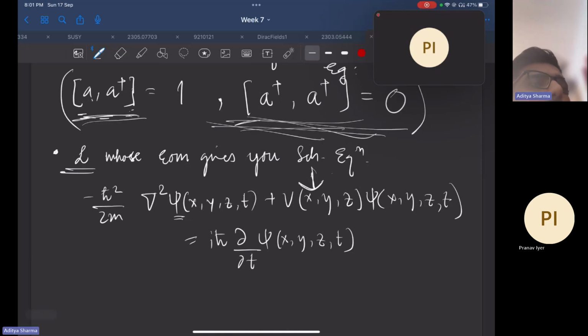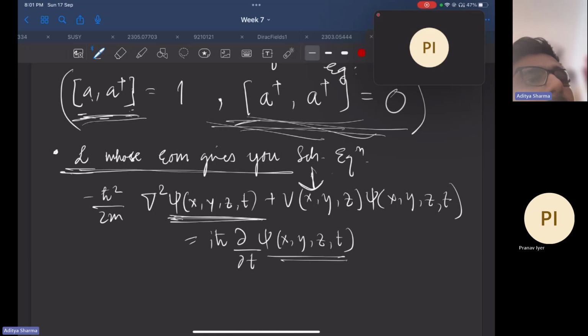But the problem with the interpretation is that this is no longer interpreted as a wave function. This is to be interpreted as a classical field. When you are doing this kind of procedure, even though it gives you something which looks like a Schrodinger equation, this is not what the interpretation of the Schrodinger equation is. This now is thought of as a classical field.